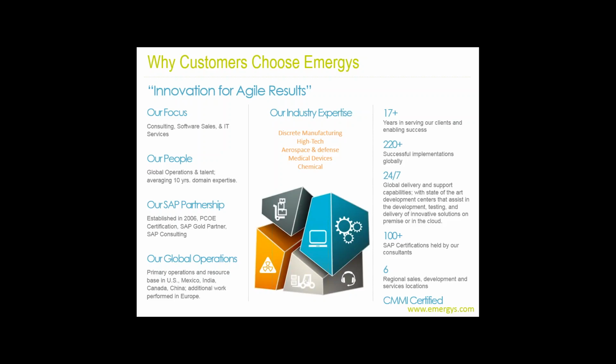We've been doing SAP and basically just SAP for just over 17 years. We've got over 220 implementations successfully executed in the global market. We are a global company, so the main group is in the US. We have offices in Canada, India, a little bit in Europe, and some in China and South America. So you see that over on the left as well.